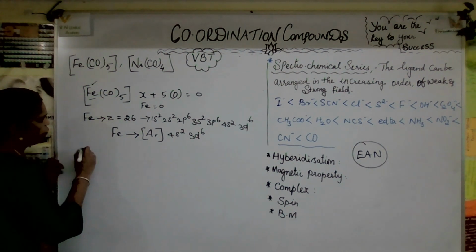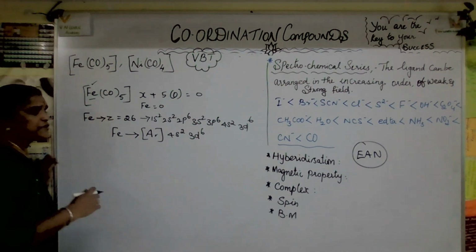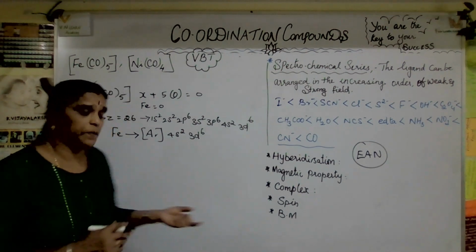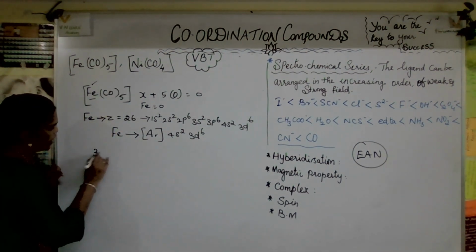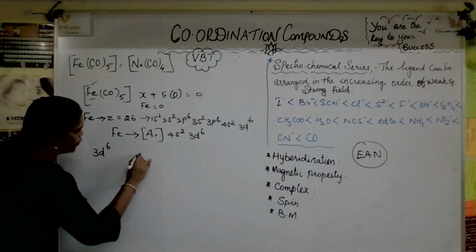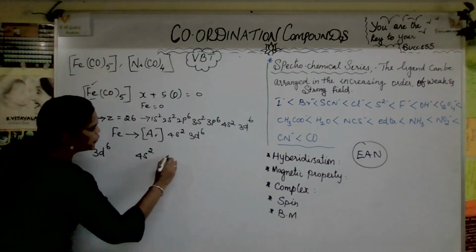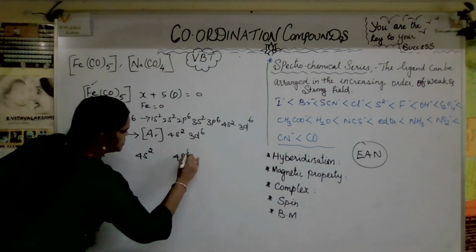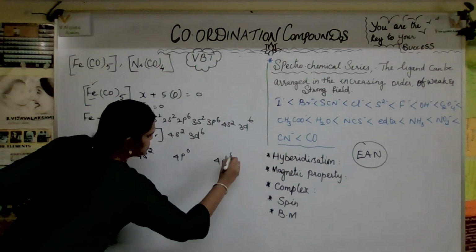Now how do we go about it? First and foremost, we have to prepare the empty orbitals. We have 3d6, 4s2, 4p0, 4d0.